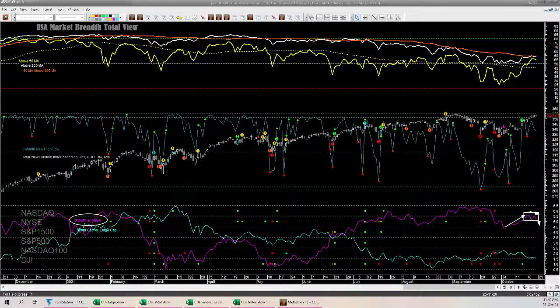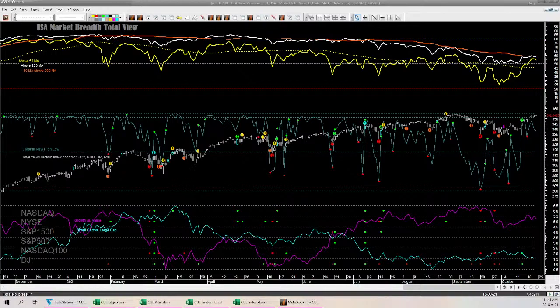Growth versus value performance is indecisive in the last couple of days. On the other hand, small cap versus large cap is more clear. It is tilting down. So small cap is doing poorly compared to large cap.